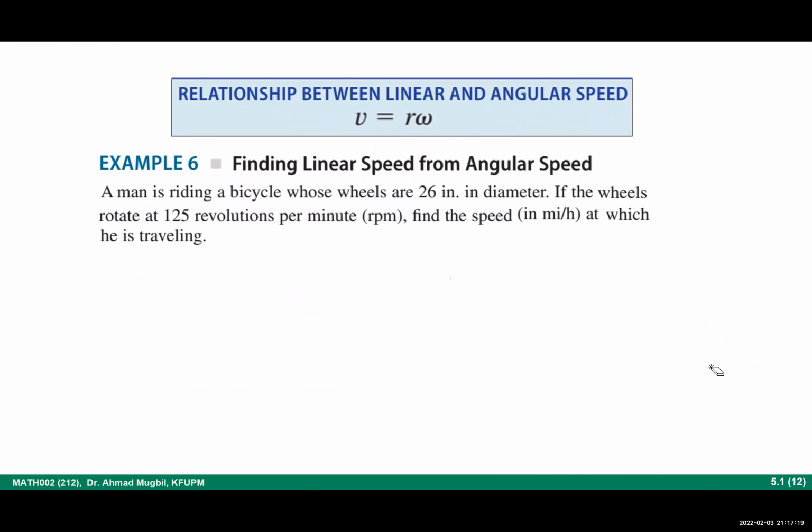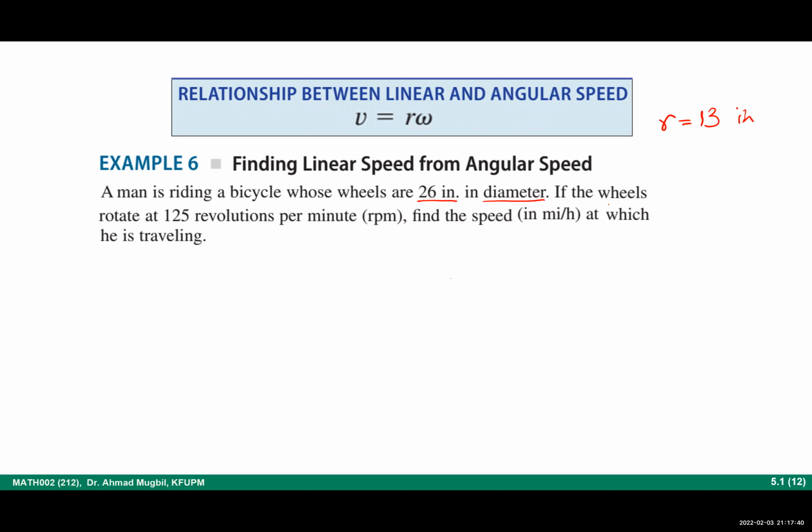Let's have another example with a man this time instead of a boy. We have a man riding a bicycle whose wheels are 26 inch in diameter. So this means that the radius is 13 inches.